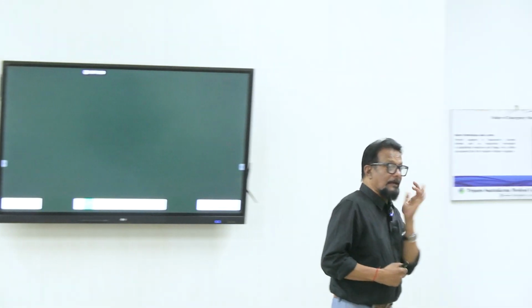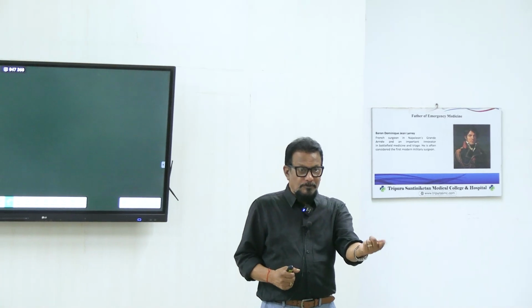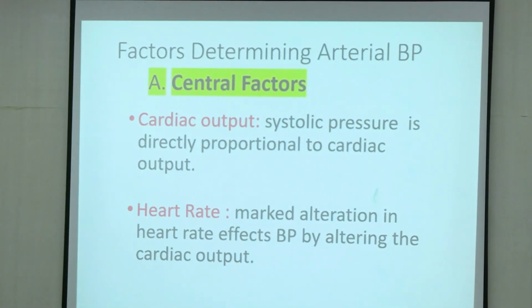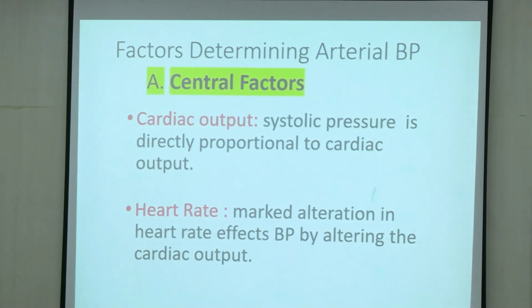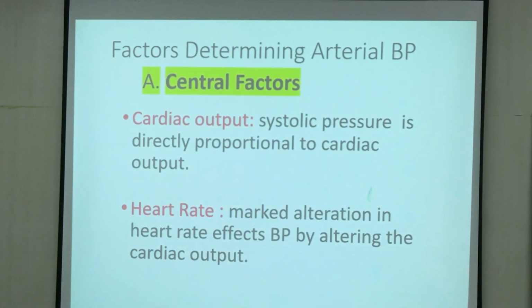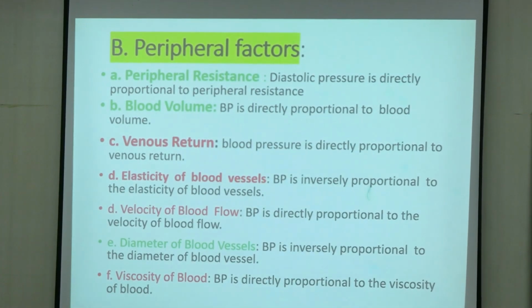How do we know? In our last class we discussed various factors that affect cardiac output. Since cardiac output is directly related to blood pressure, the factors that are affecting cardiac output will also affect the blood pressure. Okay, so that I will not discuss here. And the heart rate, more blood is pumped, more will be the pressure. And the peripheral factors, there are some peripheral factors. What are these?